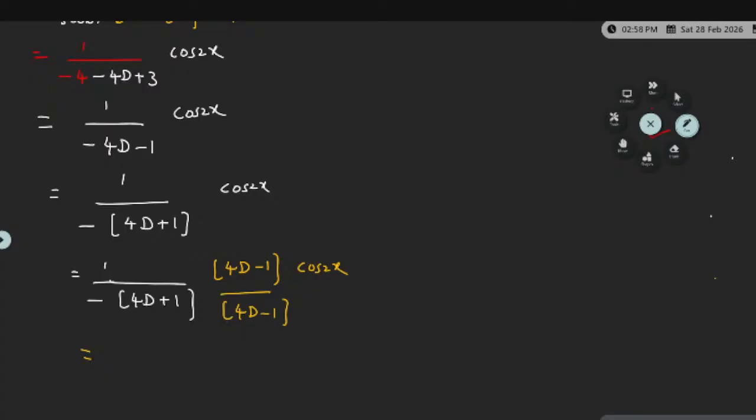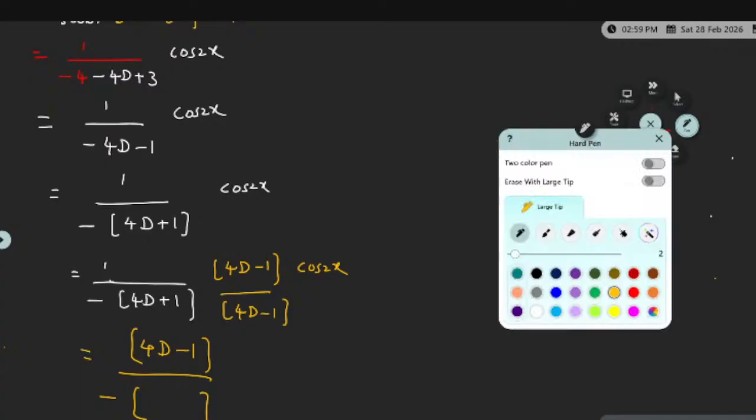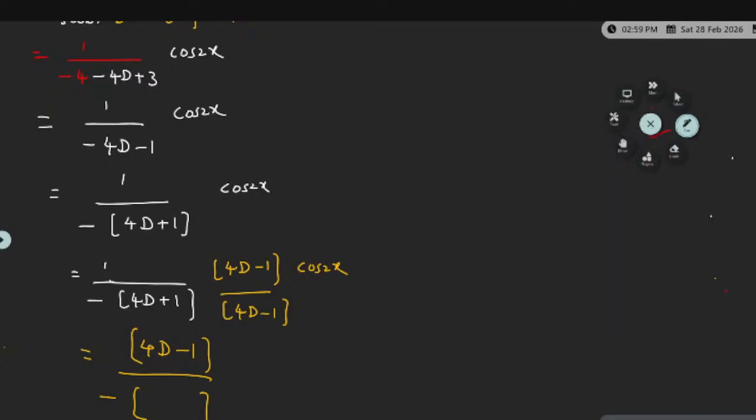What is the numerator? 4D minus 1 by A plus B into A minus B. What is the answer? 16D square minus 1 into cos 2x.